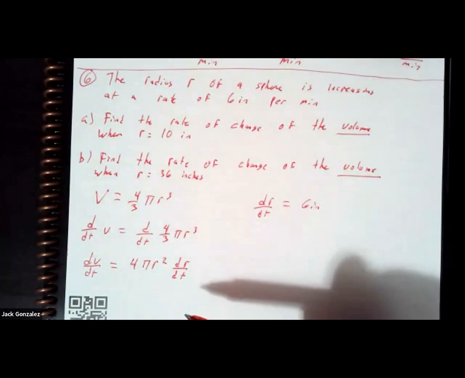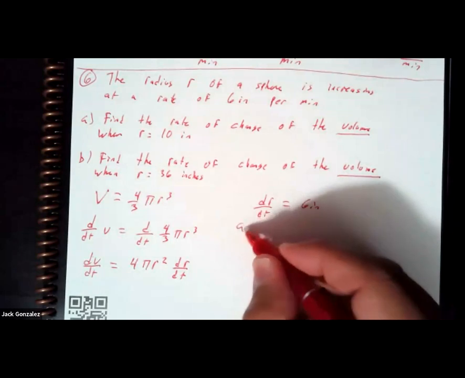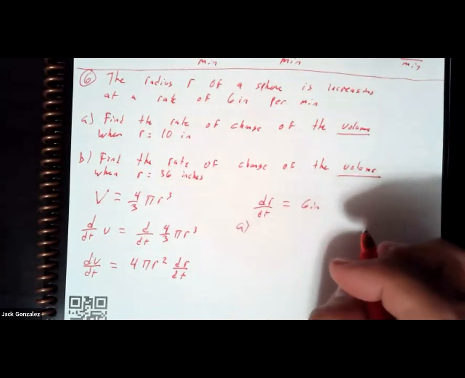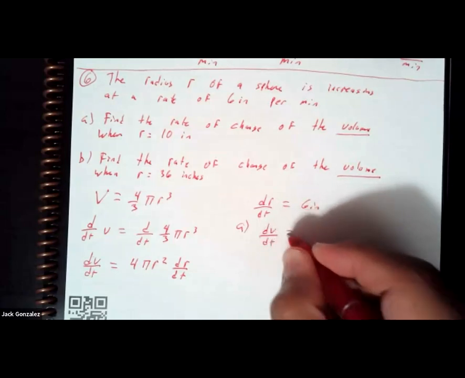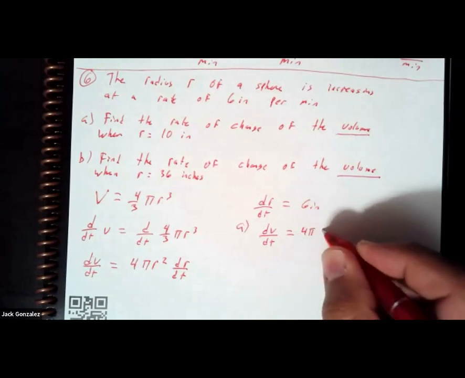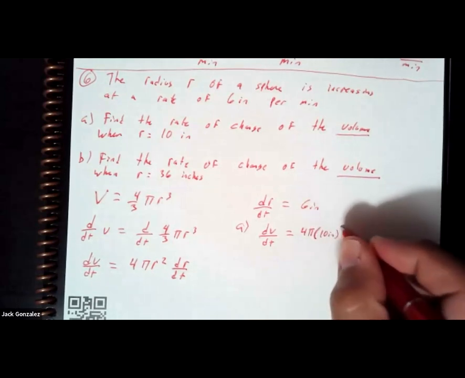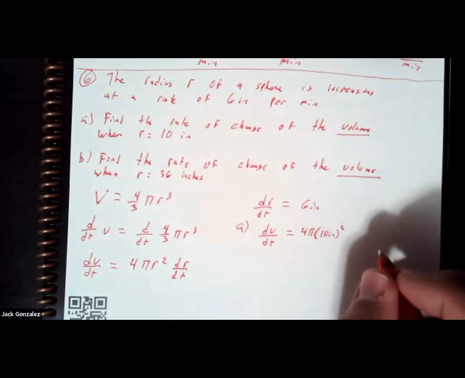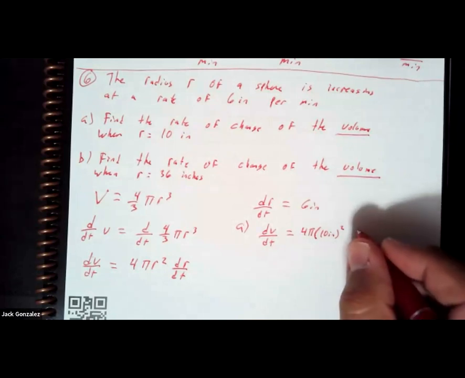Okay. So now we can answer part A. I'm running out of space, so I'm going to jam A right there. Find the dV/dt and plug in r and dr/dt, which is 6.